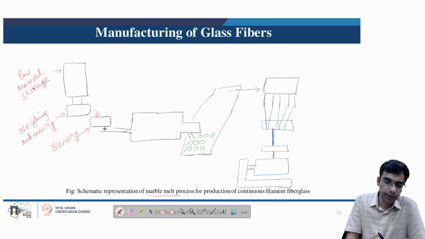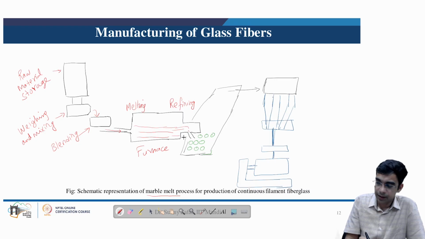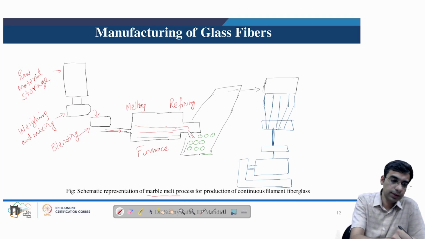From the blending, the constituents are brought into a furnace. This is basically the melting. Here melting and refining is done in this furnace. And then these marbles are formed, where a specified amount of the melt is allowed to come out of this furnace, and it solidifies in the form of these marbles.